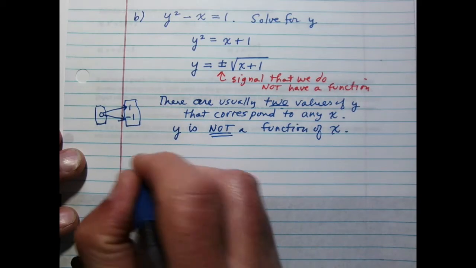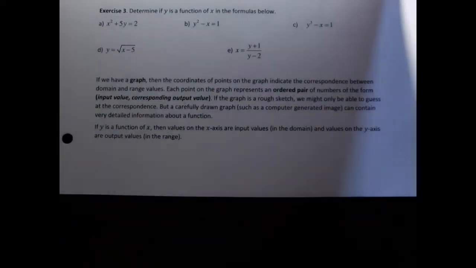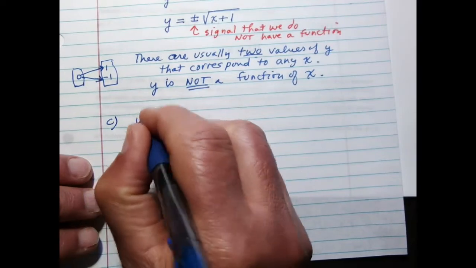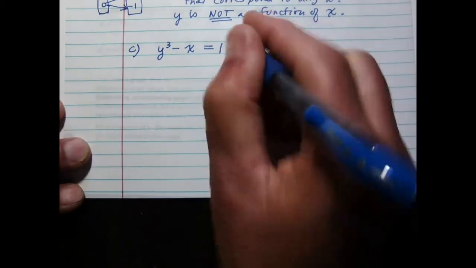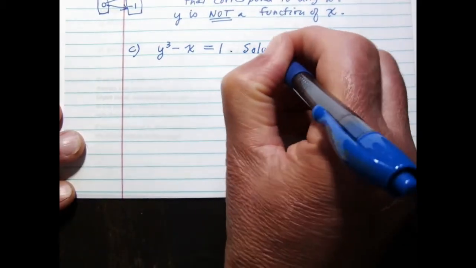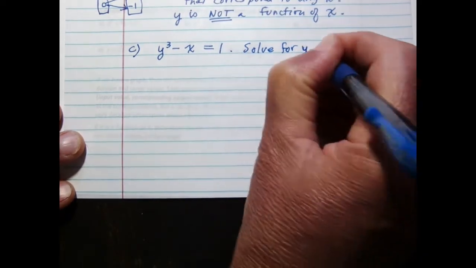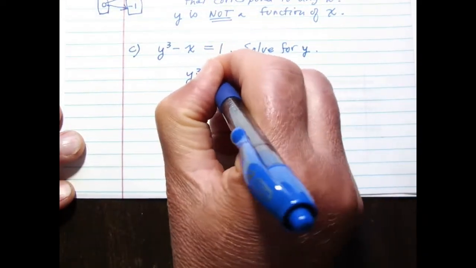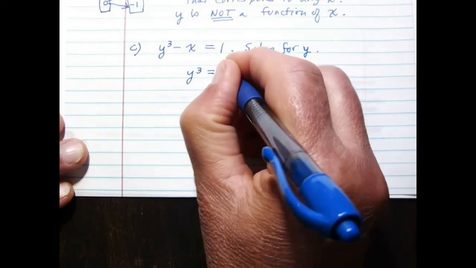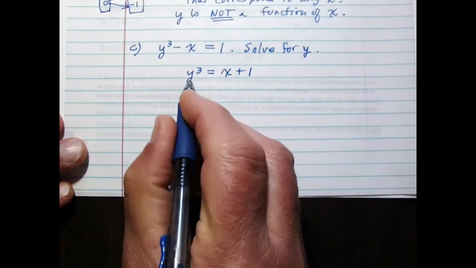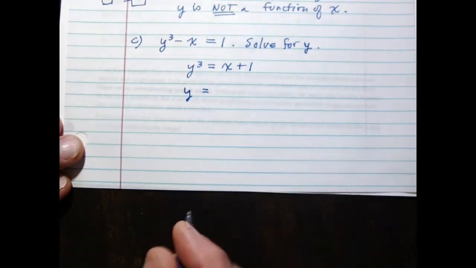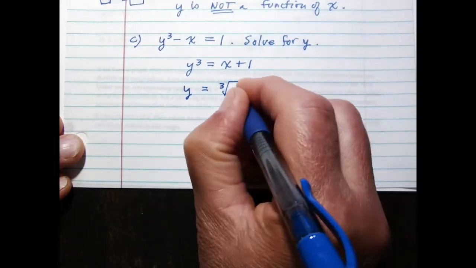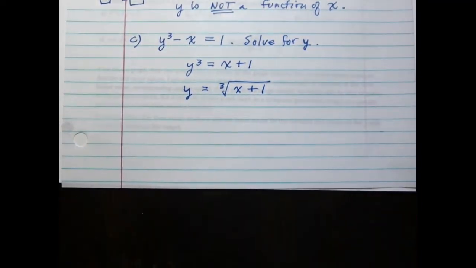Let's go on to C. C on the handout is y cubed minus x equals 1. Again, solve for y. So y cubed, this is kind of similar to what we just saw, right? I'm going to get y cubed as x plus 1. But now here to solve for y, I have to take cube roots. Y is equal to the cube root of x plus 1.